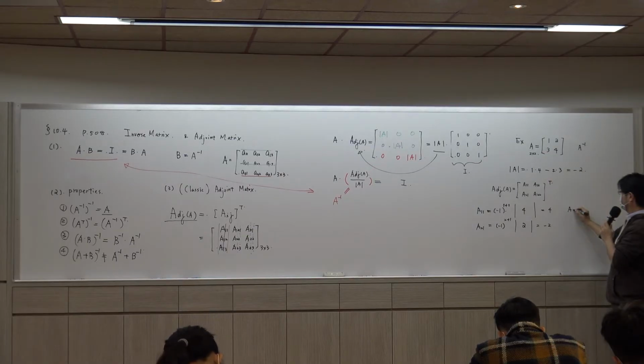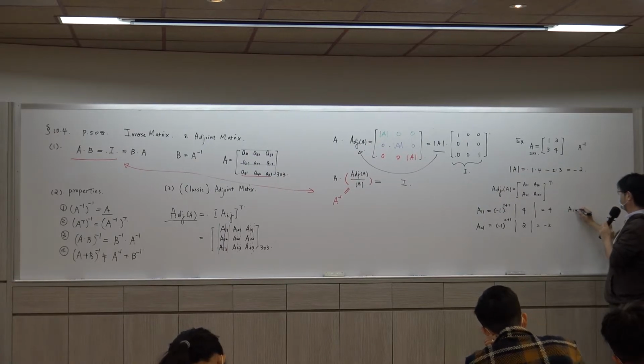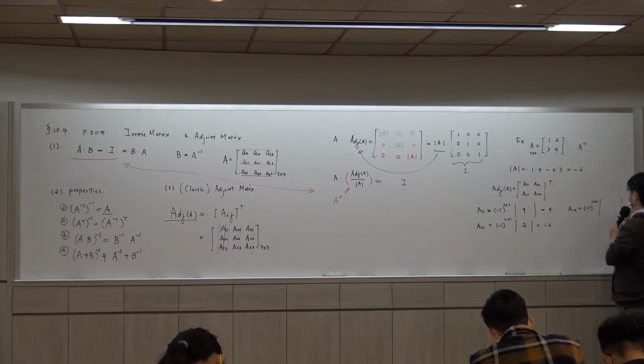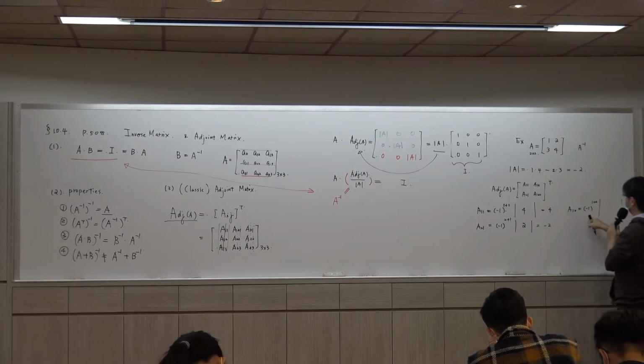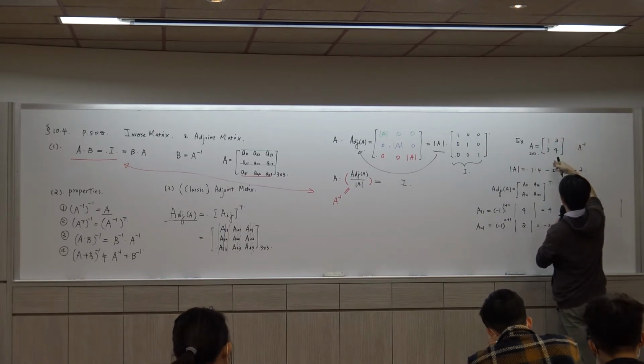And the cofactor of the first row and the second column: here we need to remove the first row and the second column.